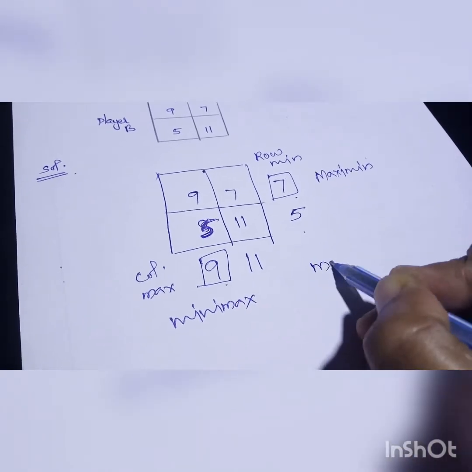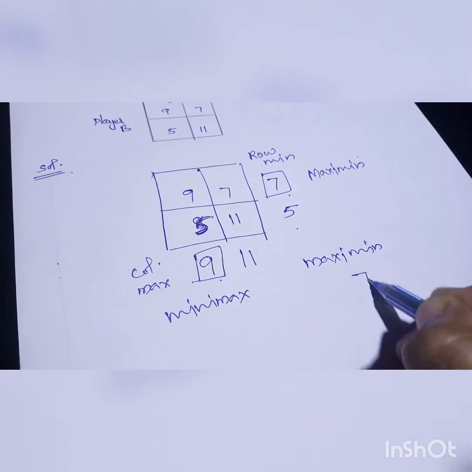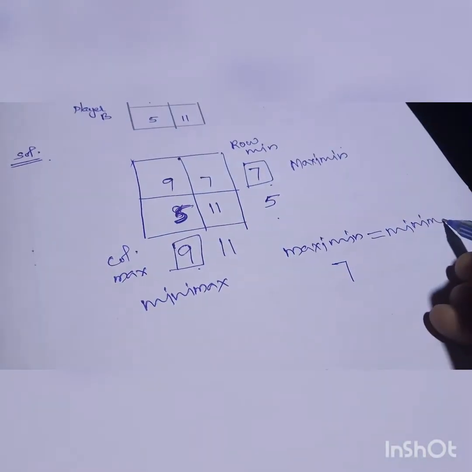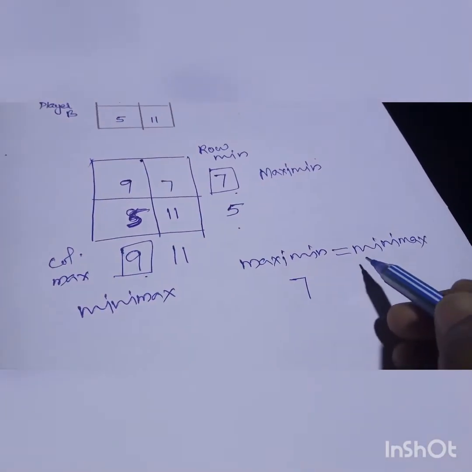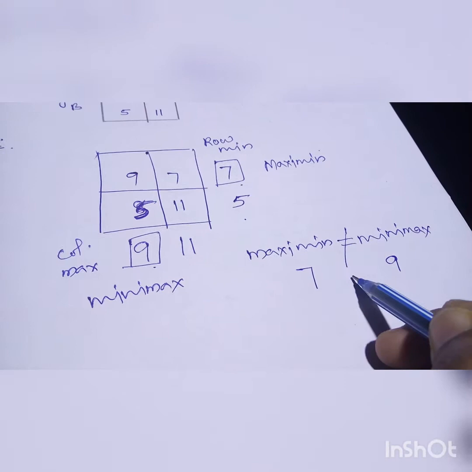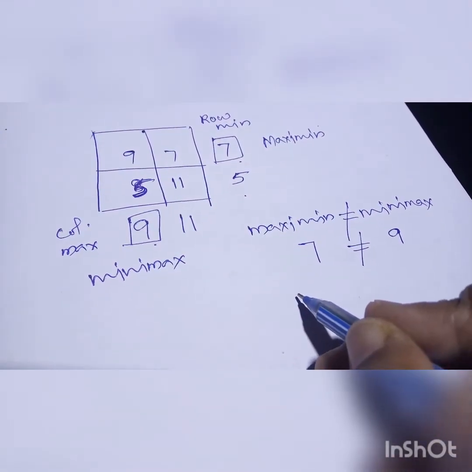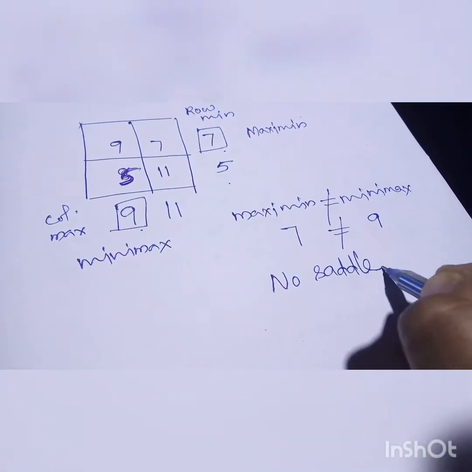Here maximin value is 7 and minimax value is 9. So we check whether maximin is equal to minimax. Here it is not equal, that is 7 is not equal to 9. That means this problem does not have a saddle point.